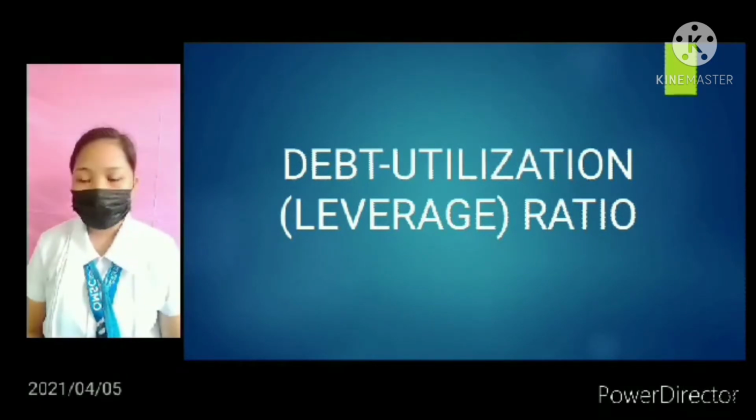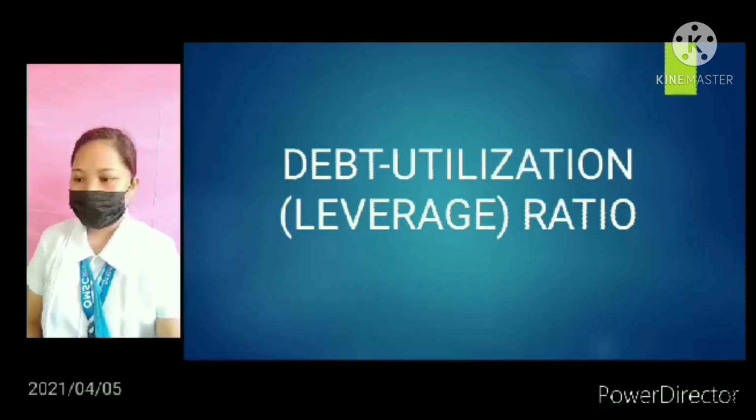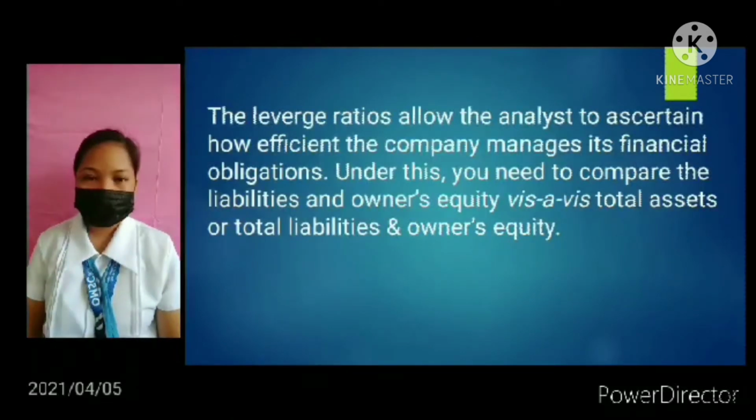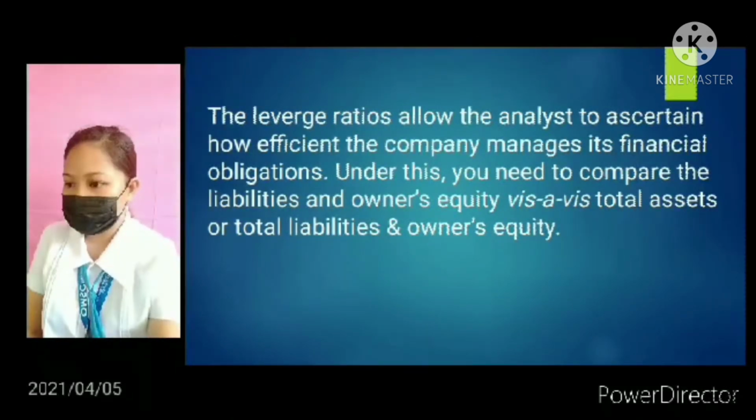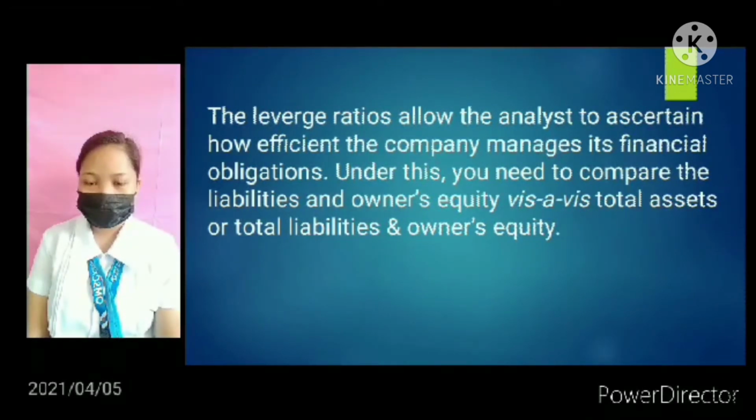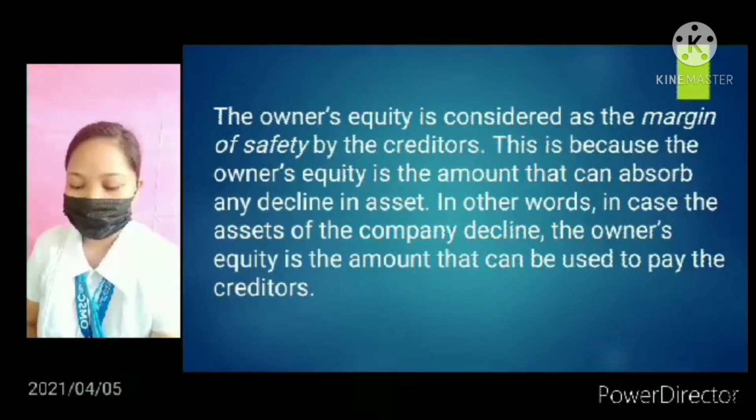So today, I'm going to discuss the debt utilization or leverage ratio. The leverage ratio allows us to ascertain how efficiently the company manages its financial obligations. Under this, you need to compare the liabilities and owner's equity against total assets or total liabilities and owner's equity.